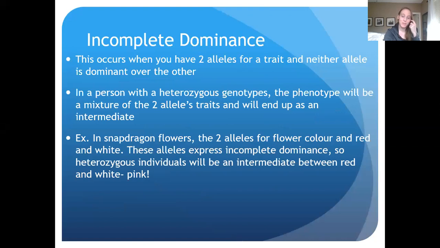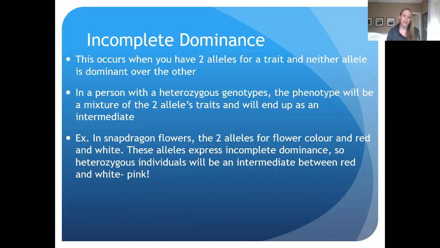So incomplete dominance happens when you have two alleles for a trait, but neither allele is actually dominant over the other. So in this case, if a person has a heterozygous genotype, the phenotype will be a mixture of the two alleles because neither one is able to outcompete the other.